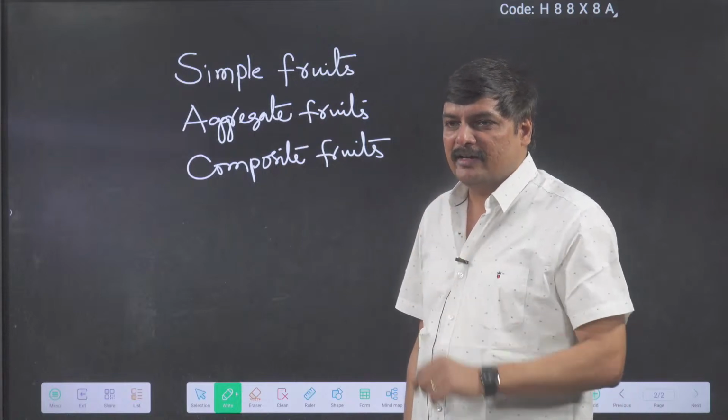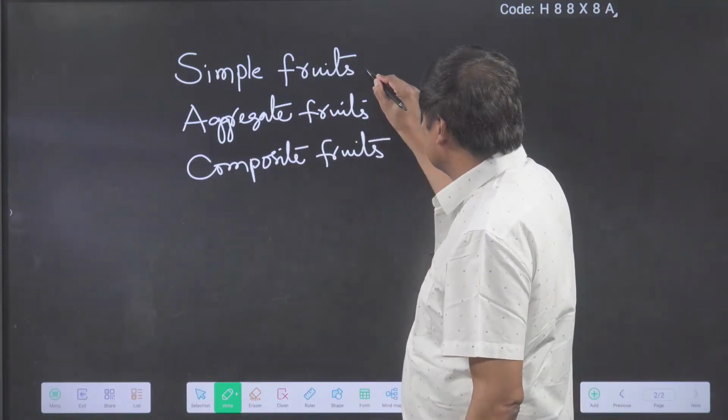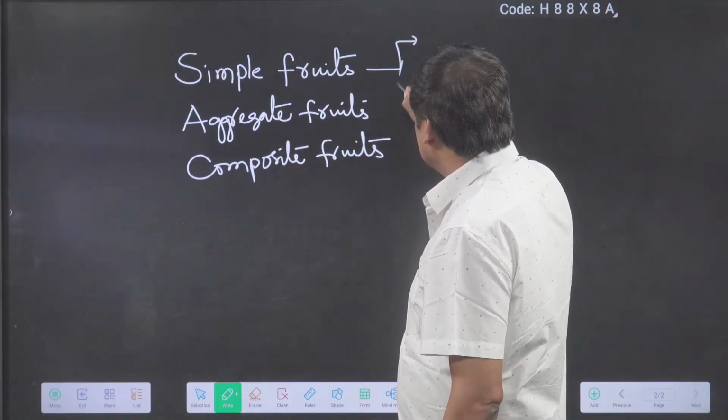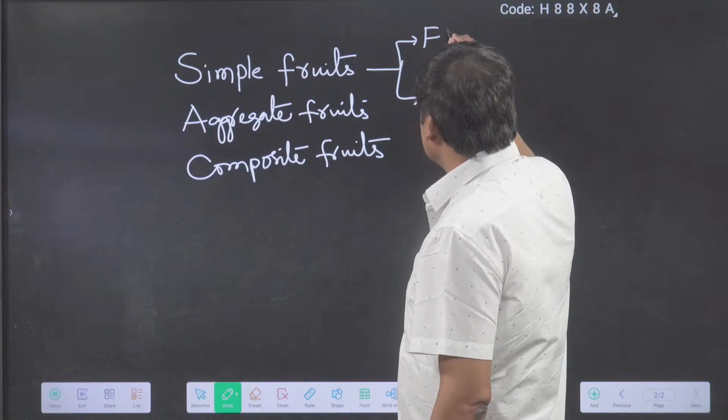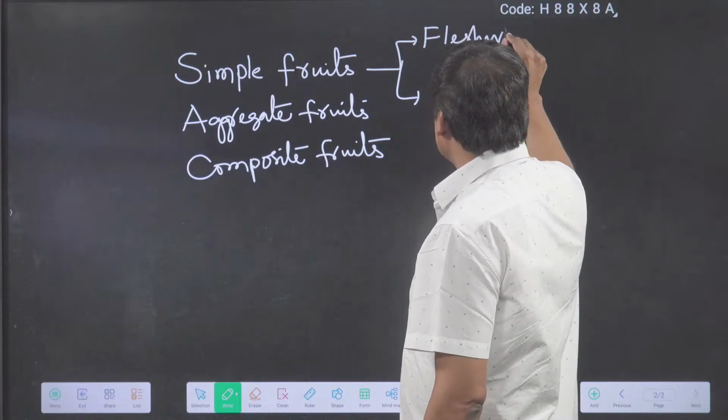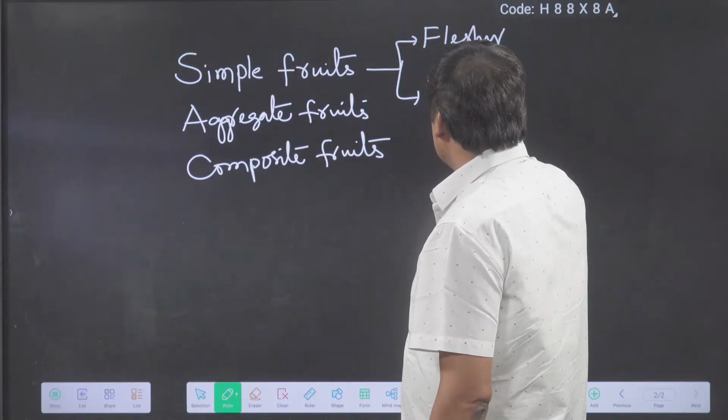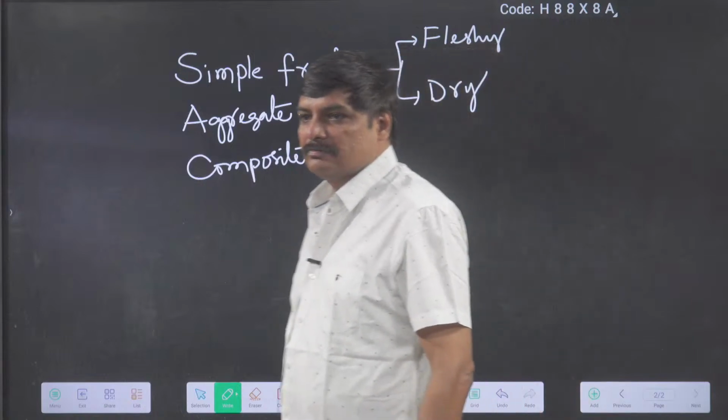These are divided into two types. What are they? Fleshy fruits and dry fruits.